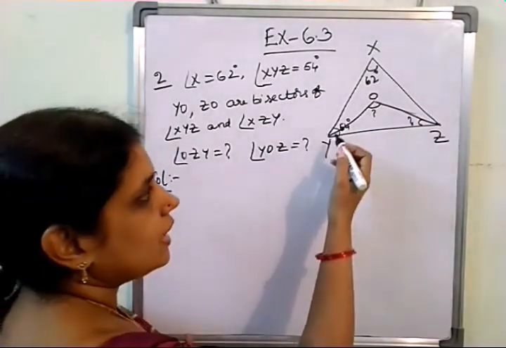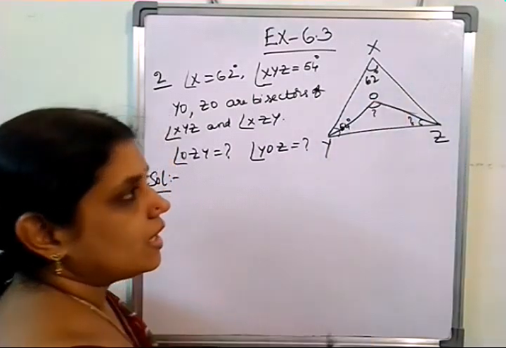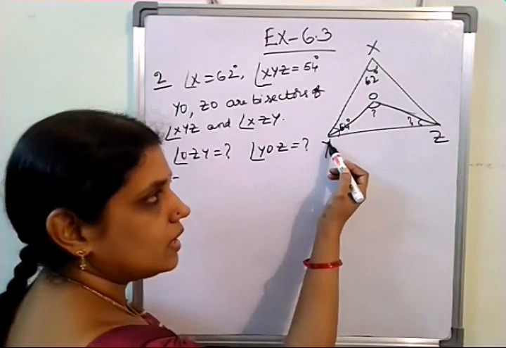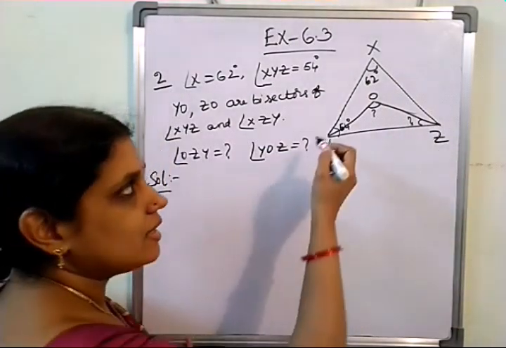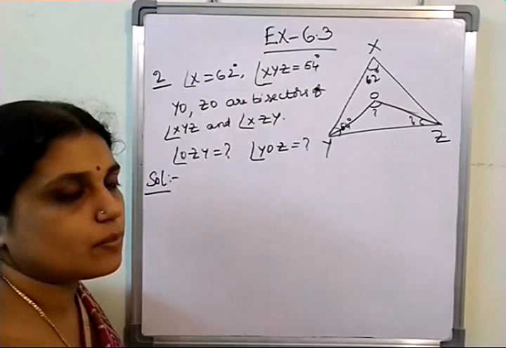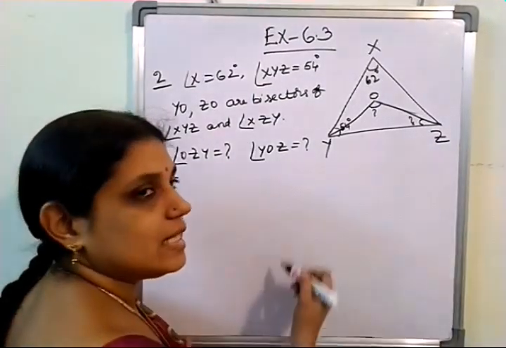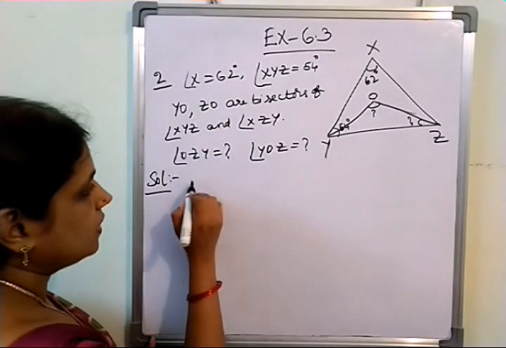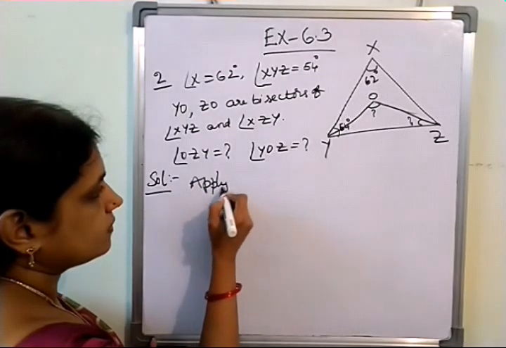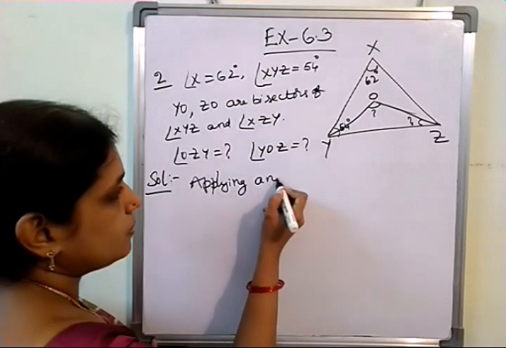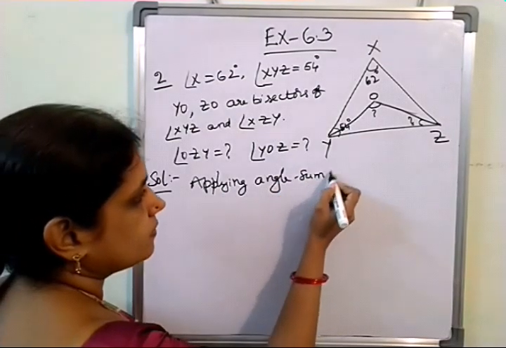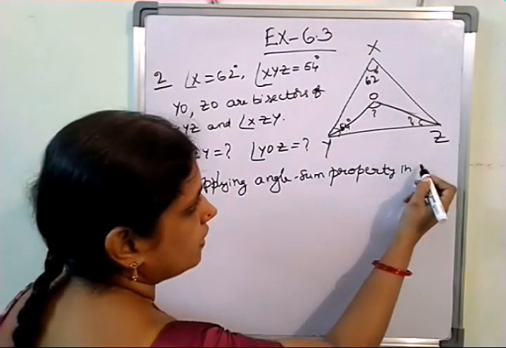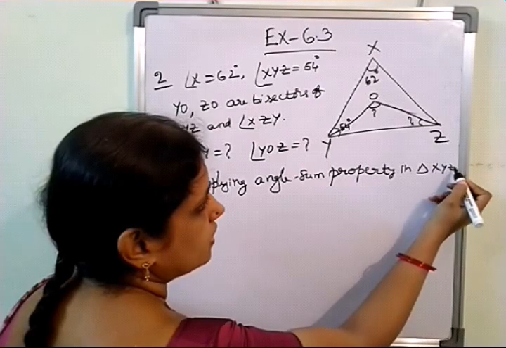So first, taking triangle XYZ, you can find out the third angle, the missing angle. Here angle X and angle Y only are given, angle Z is not given in the triangle XYZ. So by applying angle sum property, first we can calculate angle Z. Okay, so now applying angle sum property in triangle XYZ.